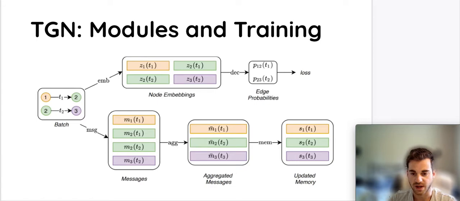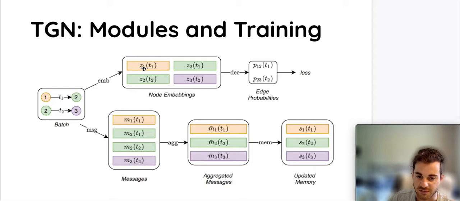Here we have a nice diagram showing the training and the modules of our model, which we can go over quite quickly. Here we have the batch, and the batch in this case is a sequence of edges. We have an edge between 1 and 2, which happens at time 1. We have two flows of operations here. One flow uses the graph embedding module, which we were talking about, to generate embeddings for all these nodes at the time of the given interaction.